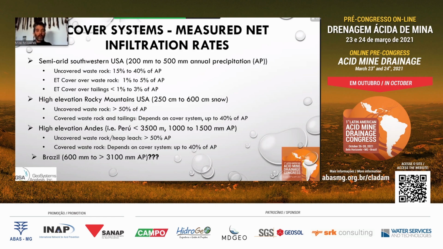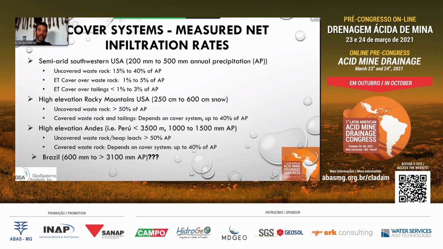With an ET cover over waste rock, we're seeing cover system efficiencies typically of 1 to 5% of average annual precipitation. ET cover over tailings is typically better, 1 to 3%, okay?